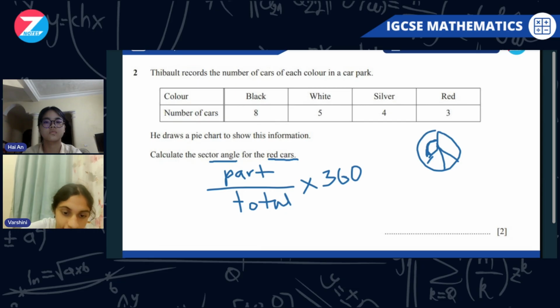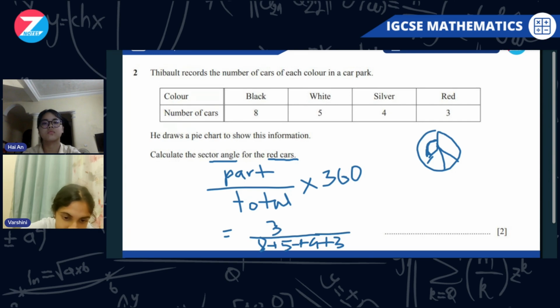So that would be 3 divided by the total, which would be black plus white plus silver plus red. So let's add those up in our calculator. So that would be 8 plus 5 plus 4 plus 3.